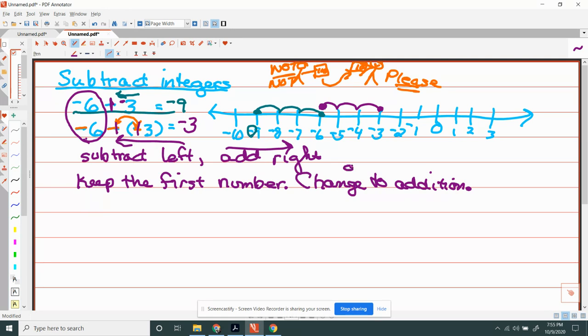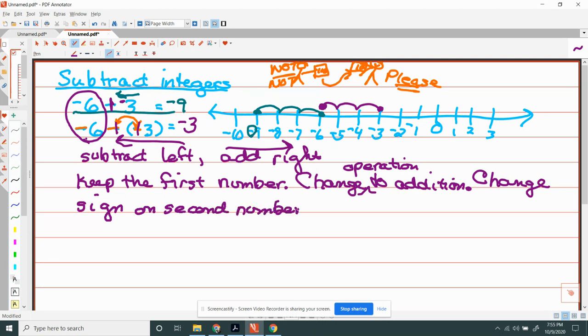So here we change the operation to addition. Next, we are going to change the sign on the second number to its opposite.